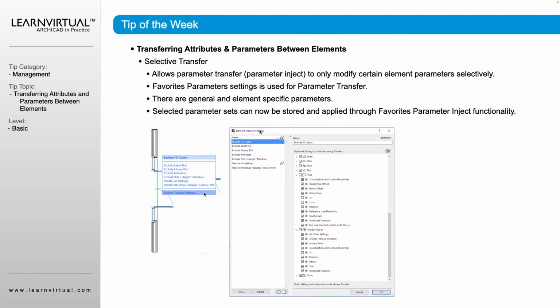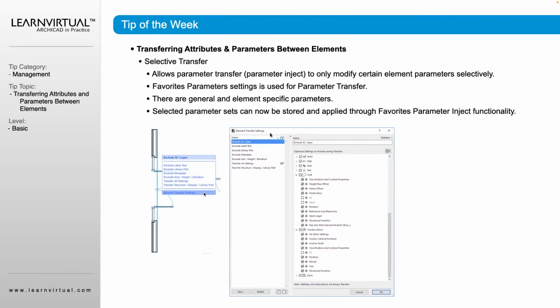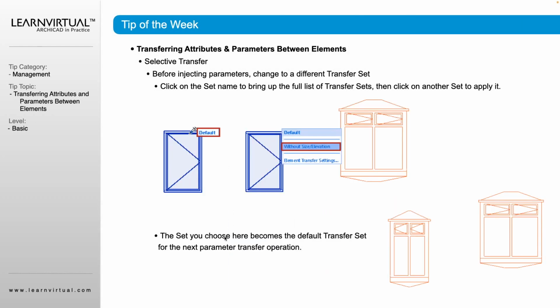We can add new combinations, all right? So these are different combinations. This is what's turned on and off in that combination. So we can create new ones, or we can import and export our transfer of elements too. All right, so now that we have come through here and worked with our element transfer settings, we have all of our combinations that we would most frequently use.